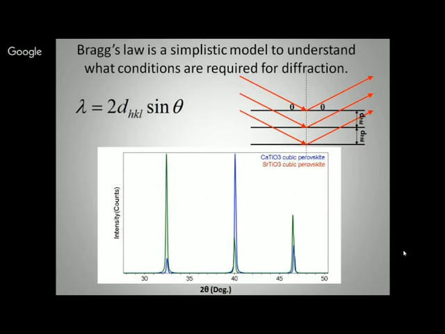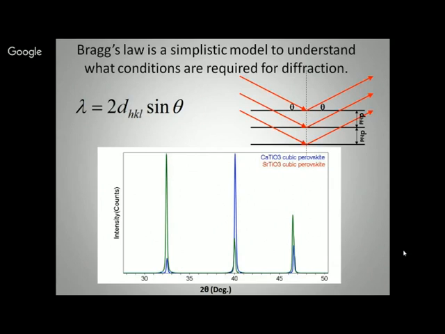So this is Bragg's law. What is it telling you? It is telling you that lambda is equal to 2d sine theta, where theta is the angle. The red lines are the X-rays, and the black lines are the planes in which your atoms are situated.